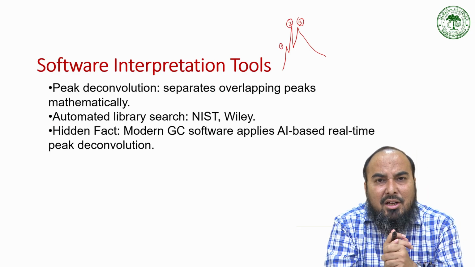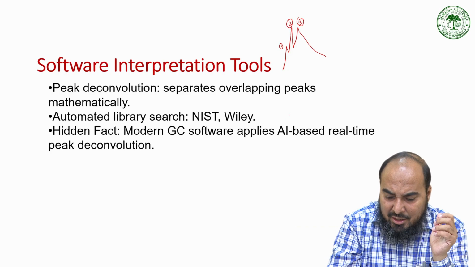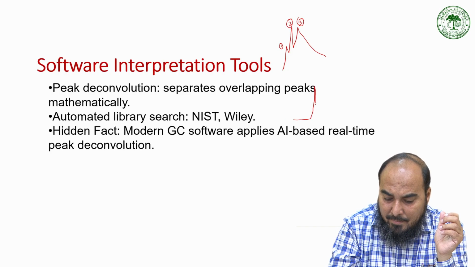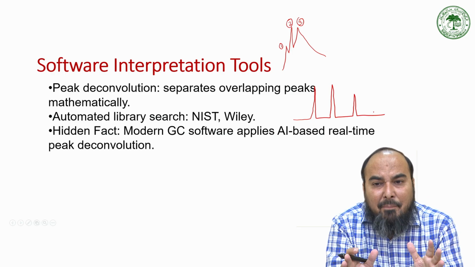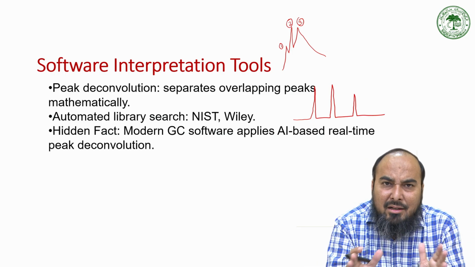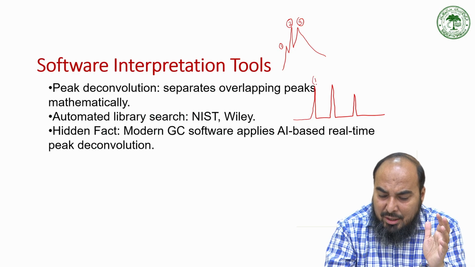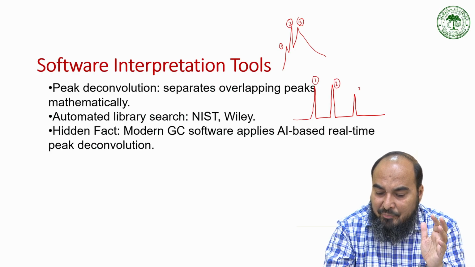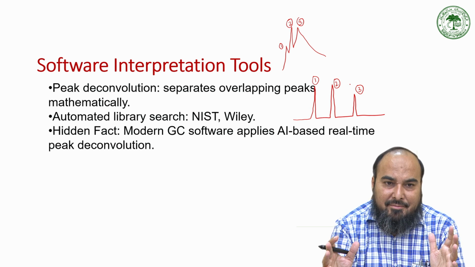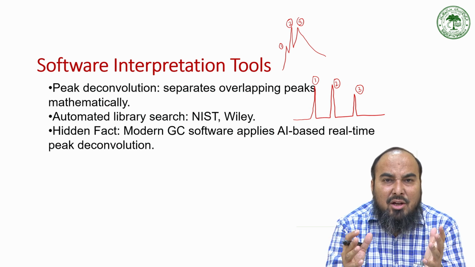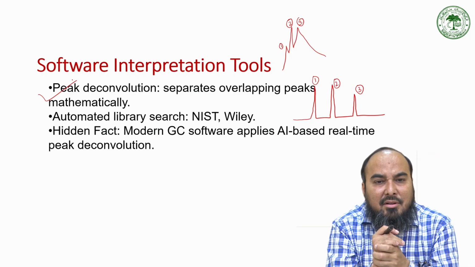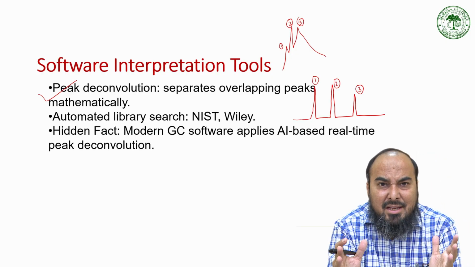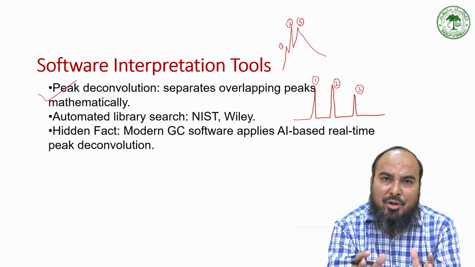So you have to run a certain computer program, and by running it, you can get a result like this. Now you can see a perfect baseline, and all the 3 components are well resolved, and the baseline is also corrected. So this is called peak deconvolution. That is, you separated the overlapping peaks by using a certain computer program.